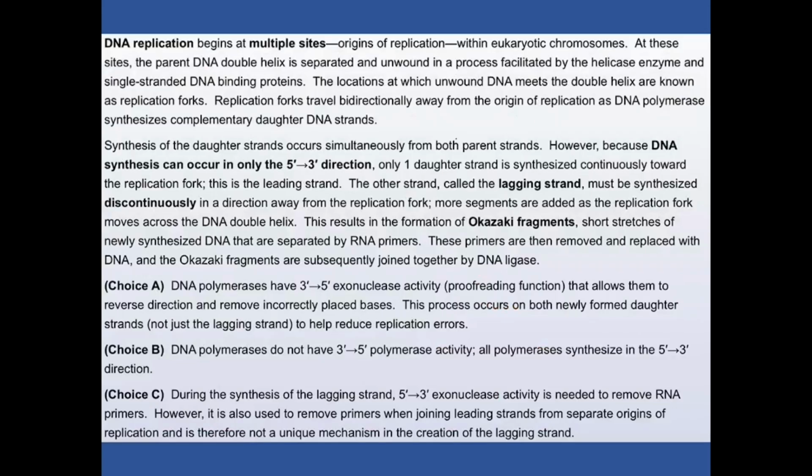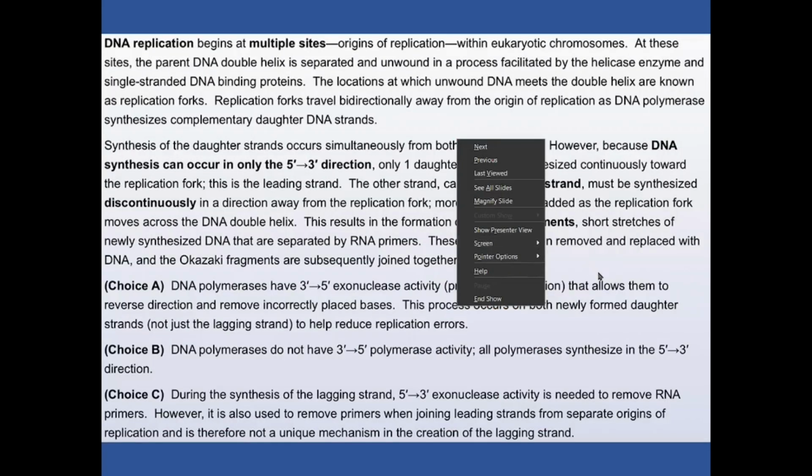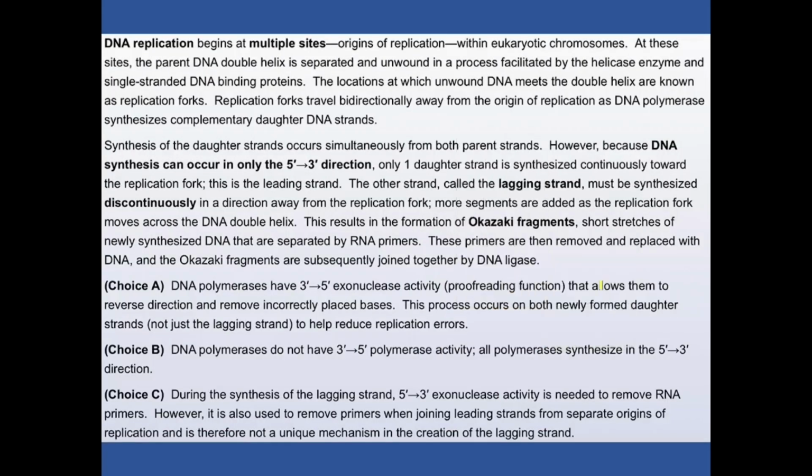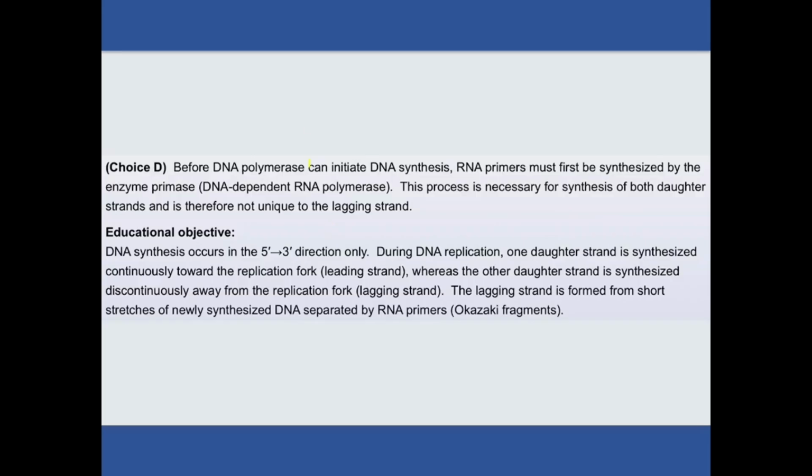Also, I have the explanation right over here. You can read it, but it just contains all the things that we have discussed. So you can pause the video and read it. You can also read the incorrect options. It's written over here. So the educational objective is that DNA synthesis occurs in the 5 prime to 3 prime direction only.